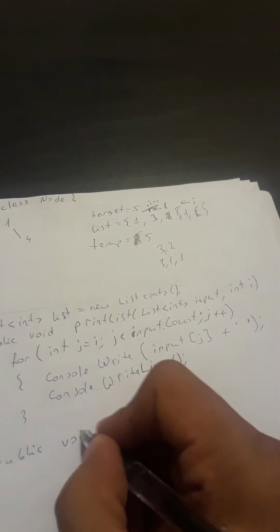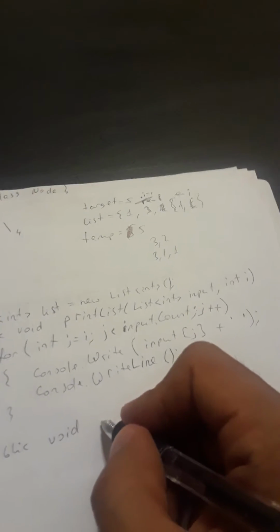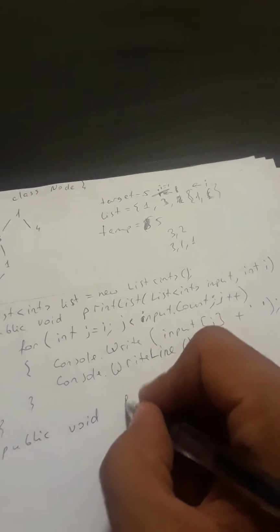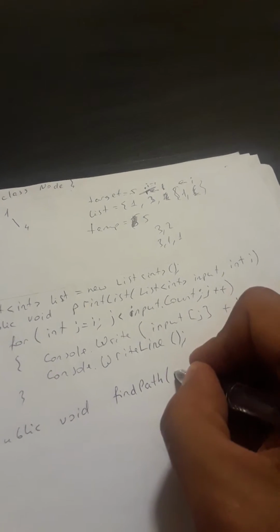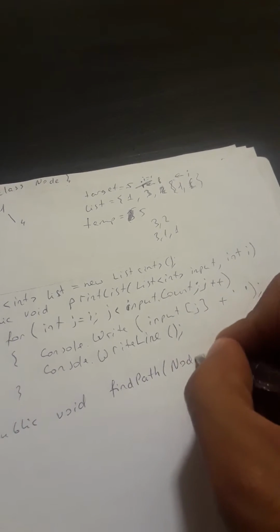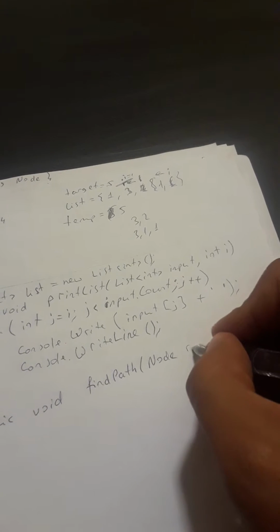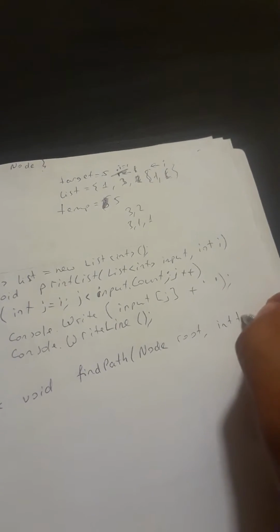And our main function will also be void because it's not going to return anything. I call it find path, and the arguments will be the root of the binary tree and the target value.